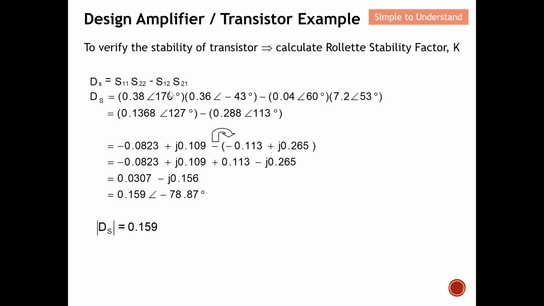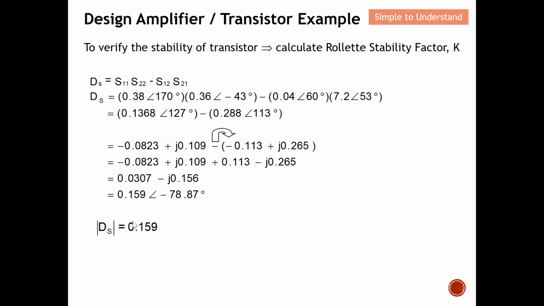I'm not able to show clearly all the mathematical calculation here, because nowadays it is much easier to punch your calculator to get all these answers. In my day, it was probably a little bit more challenging. You just need to extract the magnitude, which is 0.159 over here.